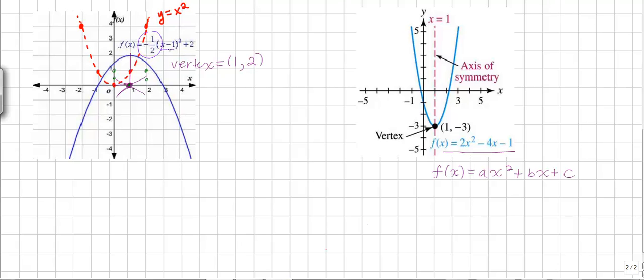If I were to expand my standard form's binomial, I would see that the position of the leading coefficient is consistent. So for f of x equals 2x squared minus 4x minus 1, that guy is still going to open upward, so we can be confident of that. And then if we can find the vertex and we know which way it opens, we can identify the range, the minimum value, the axis of symmetry, and all of those good features.